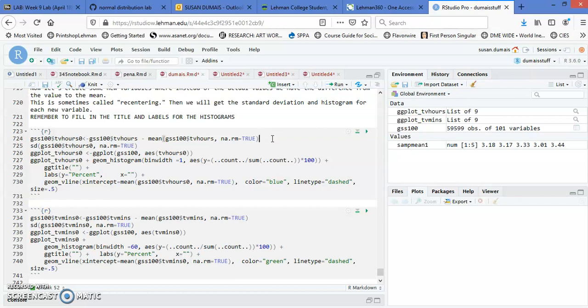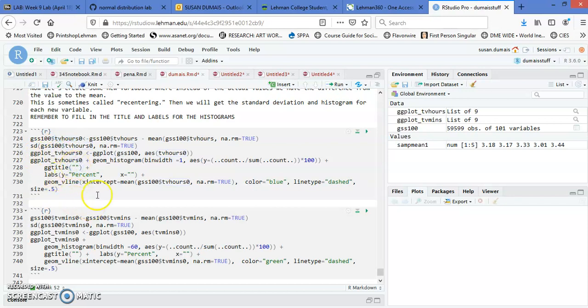Somebody who watches 10 hours is going to have a value for TV hours 0 of 10 minus 3, or 7. Someone who watches only 2 hours of TV is going to have a TV hours 0 value of 2 minus 3, which is the mean, for a value of -1. We're going to make that variable. We're going to get the standard deviation. We're going to make a histogram.